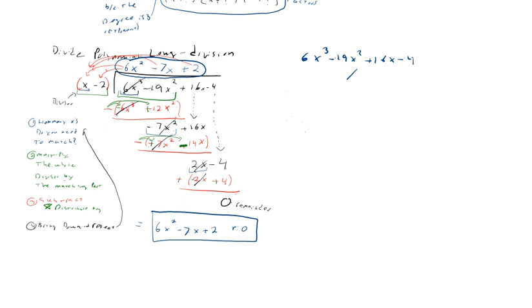We did x minus 2 times 6x squared minus 7x plus 2. These two pieces, if I multiplied these two things together, it would become this bigger equation here.